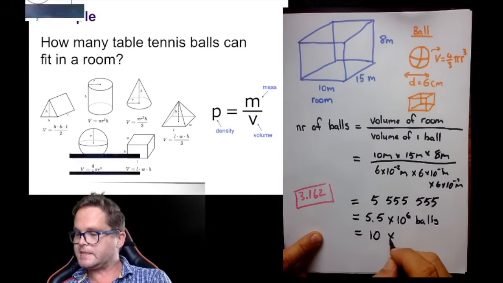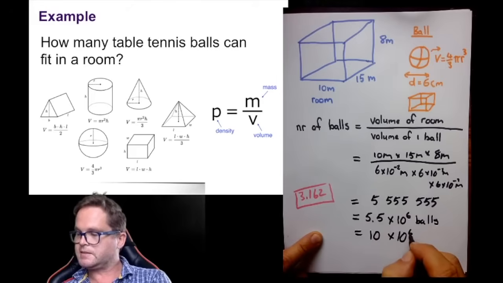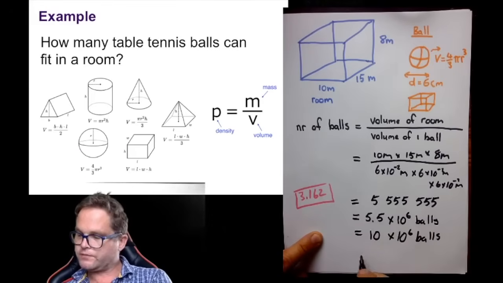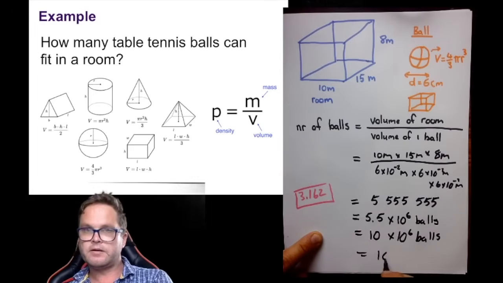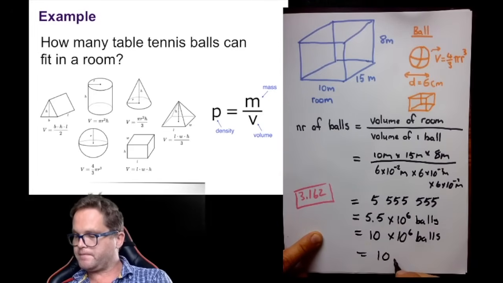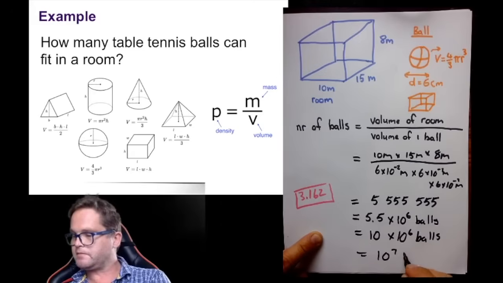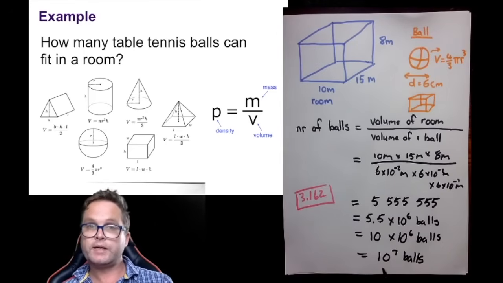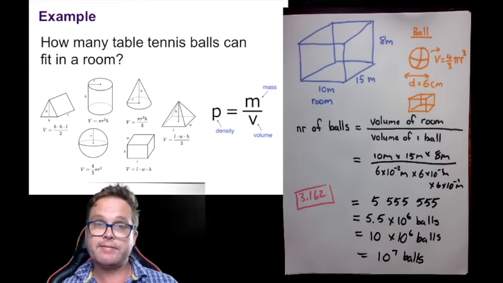So this is 10 times 10 to the 6 balls, which is of course 10 to the 7 balls. So there, we've done an order of magnitude calculation, and our solution is written as a power of 10, and we see the solution is 10 million ping pong balls.